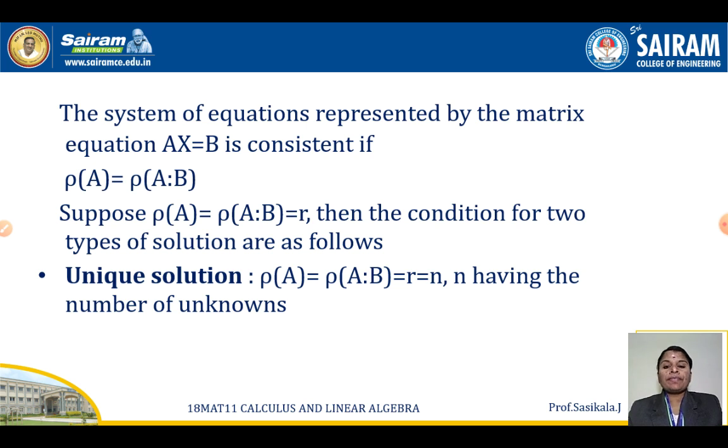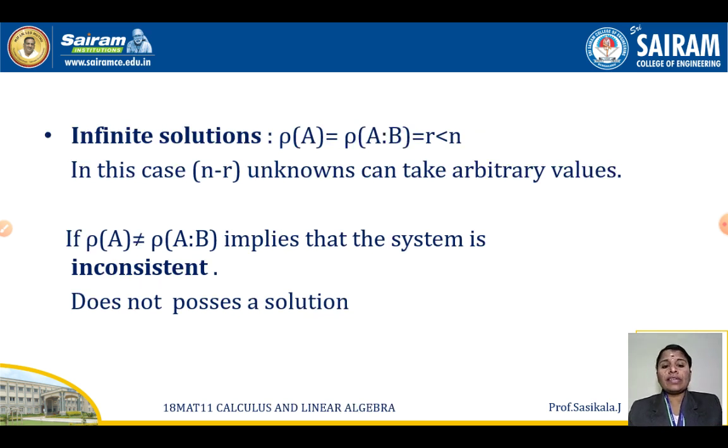If you have 3 unknowns and the rank is also 3, that is equal to the number of unknowns, so you have a unique solution. Suppose r is less than n, then it will have infinite solutions. In this case, n minus r unknowns can take arbitrary values.